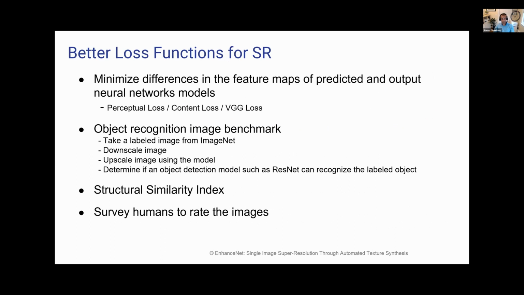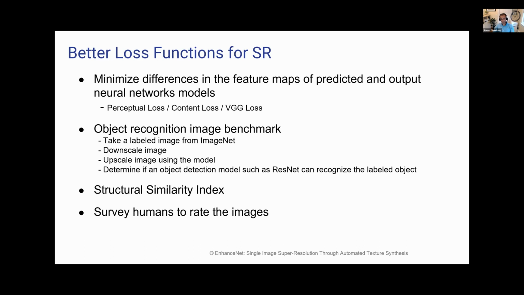So there's a bunch of better loss functions. One of the ones that I found really interesting was you take a labeled image from ImageNet, you downscale it, you upscale it using the model, and then you pass it to ResNet, and you see if it can recognize the labeled object.